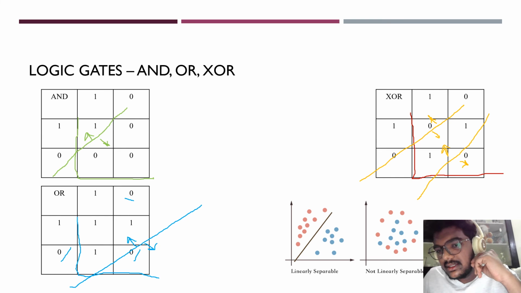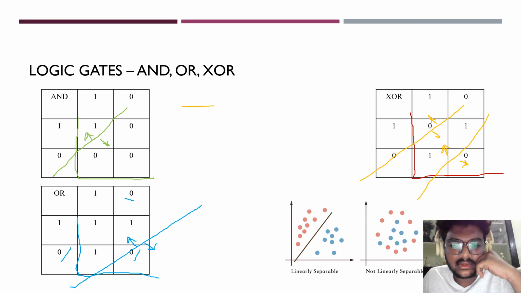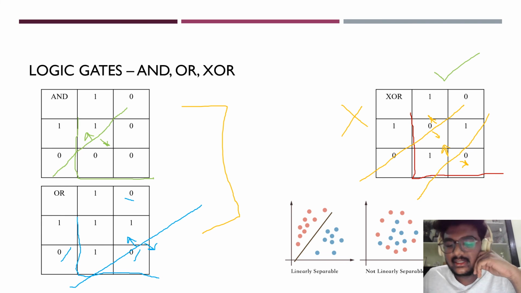This is a good example where a single perceptron layer network cannot solve a problem, though it solved the earlier ones. The single perceptron layer failed in this case, so we use multi-layer perceptron learning to achieve this.